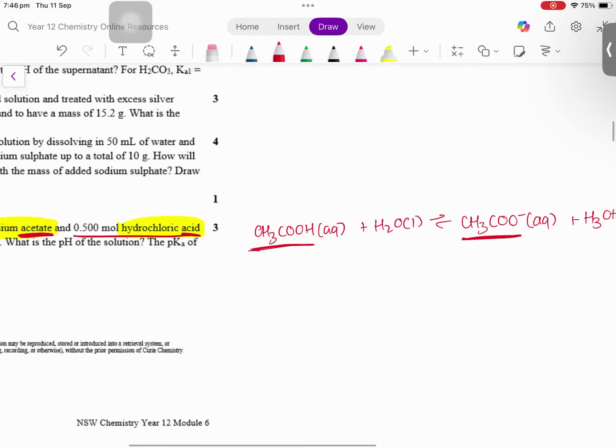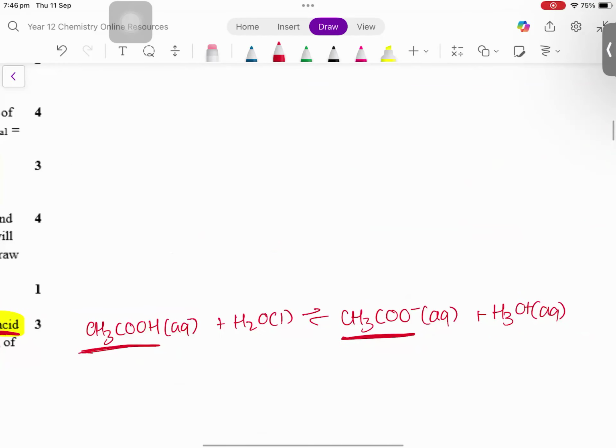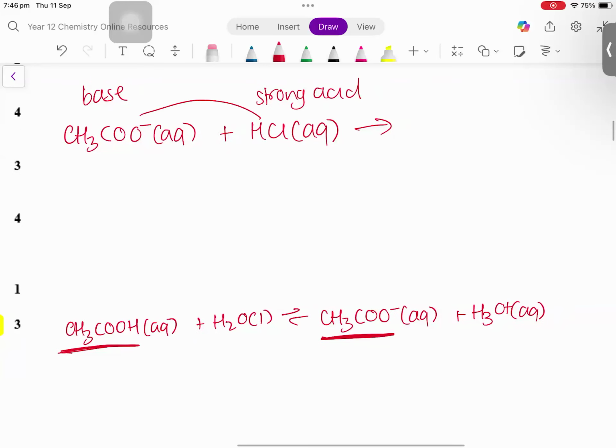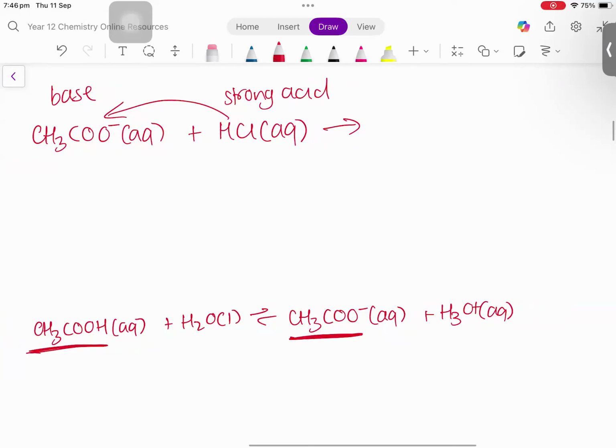Okay, so let me move up a little bit. So far, what they've given you is this, with your HCl aqueous. This is a base and strong acid equation, so it's just going to be a regular neutralization reaction. This gives the hydrogen that way, so that becomes CH3COOH aqueous.